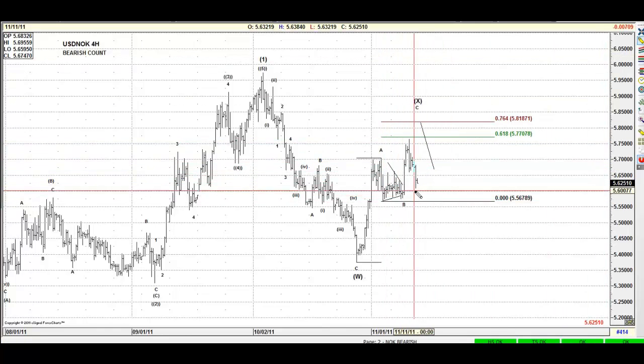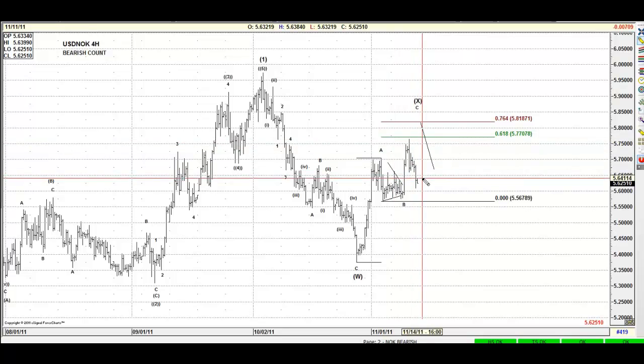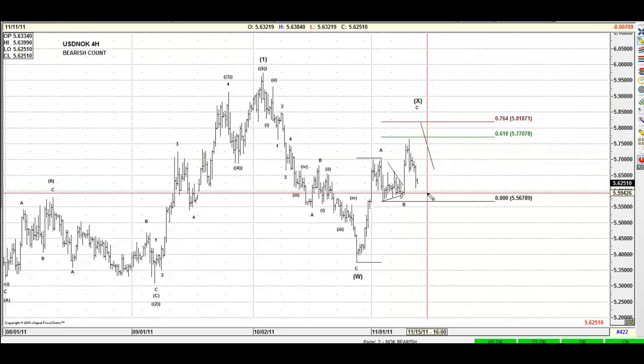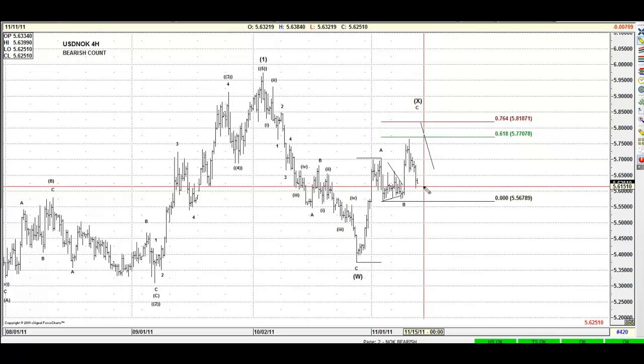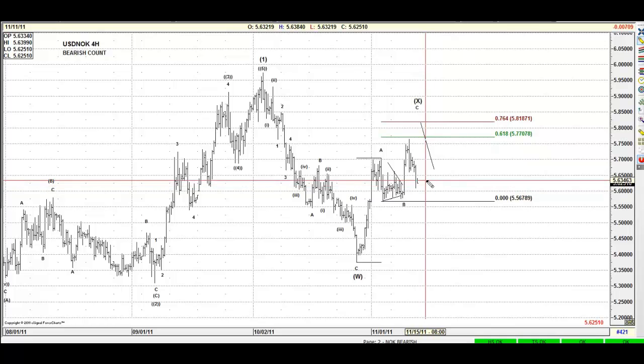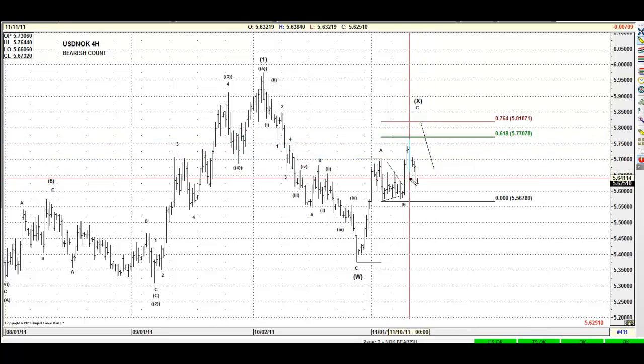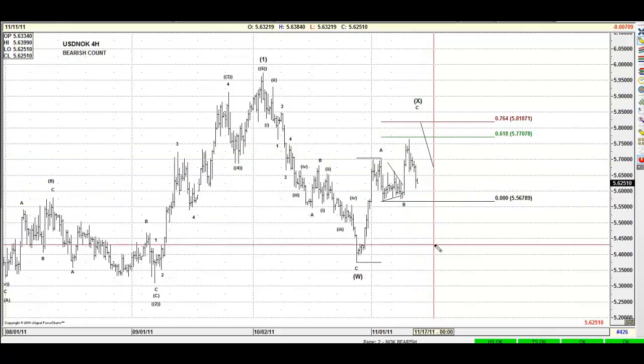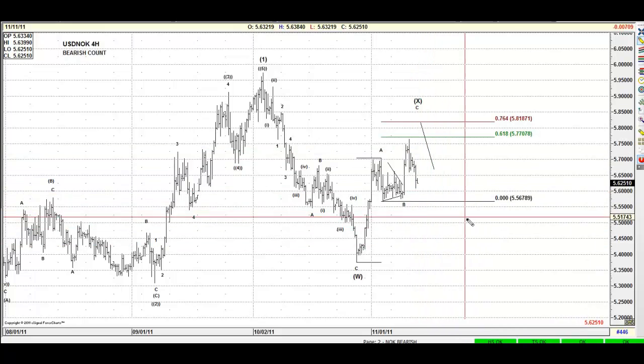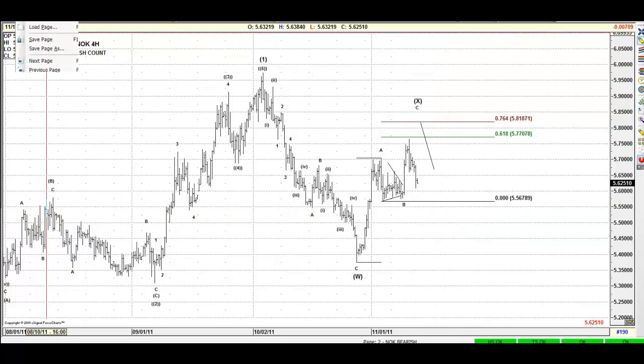But again, it can be a flat. So what I say is the market is very questionable, but Elliott Wave hedging: if this is the top on the bearish count, it's going to do 1, 2, 3, 4, 5. You need to buy around the 5. It is because of Elliott Wave hedging.